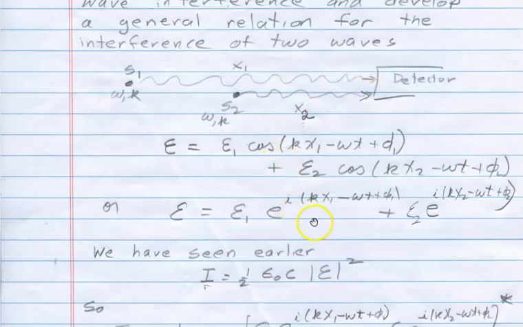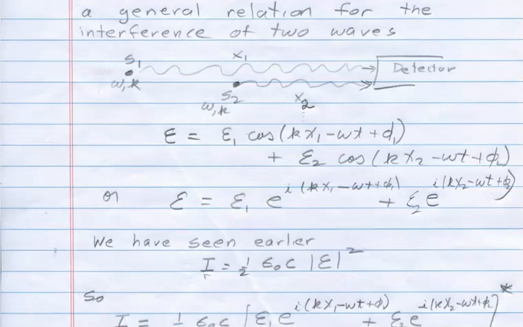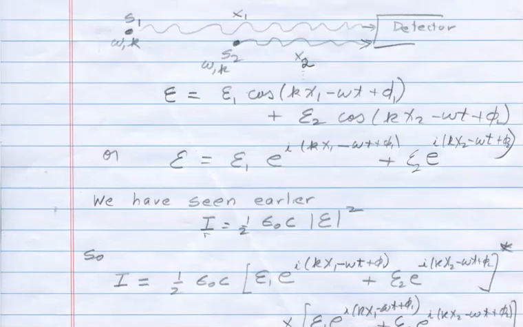And the thing to note is the way we've set this up: E1 and E2 are still both positive amplitudes. And we want the intensity that's observed. In general, detectors detect the irradiance, really the time-average value of the intensity, and that's related to the electric fields in this fashion, as we've seen earlier.